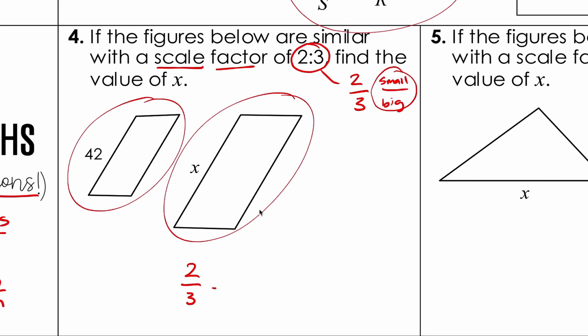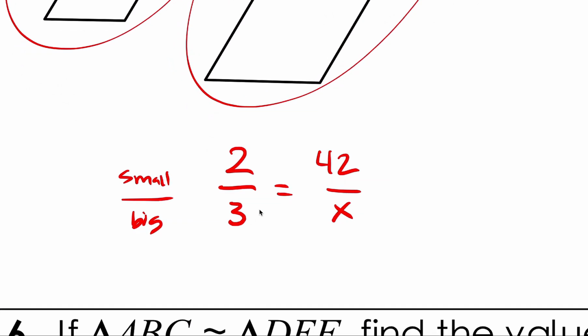So I'm going to put 42 in the numerator because remember, we have small over big, small over large. So I put 42. And what's the corresponding side on the big, well, it looks like a parallelogram. On the big quadrilateral? X. Okay, so that's our scale factor, 2 over 3.